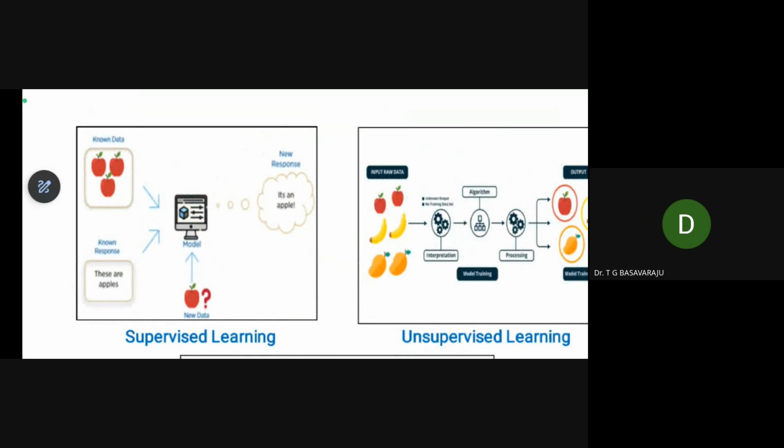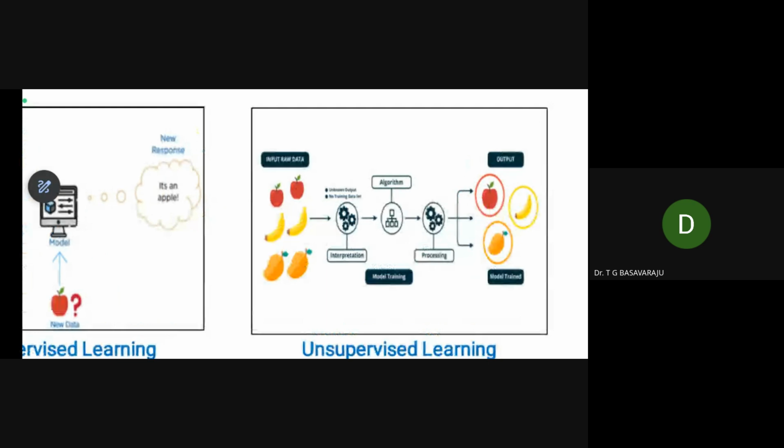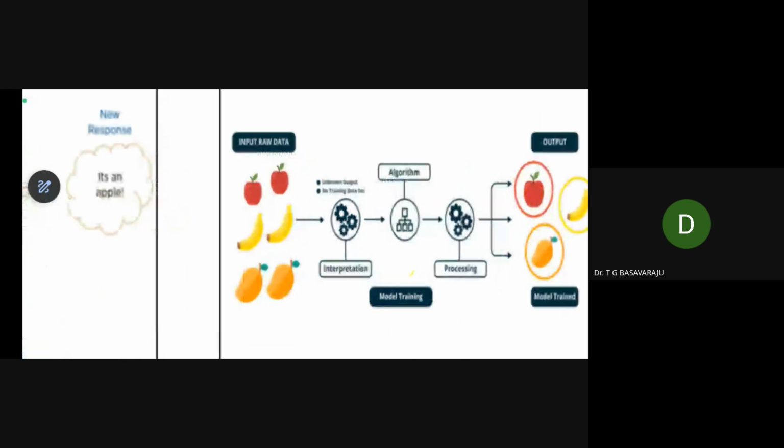In supervised learning there is known data and a known response, and new data is given to the model to check whether the output matches, so we have the labels. And in unsupervised learning, as I told, we do the clustering. That means apples are grouped in one cluster, bananas in another, and mangoes in another one. So we are trying to group the data.